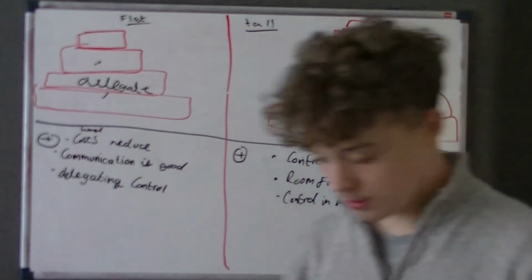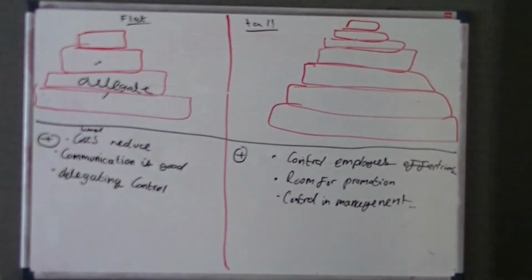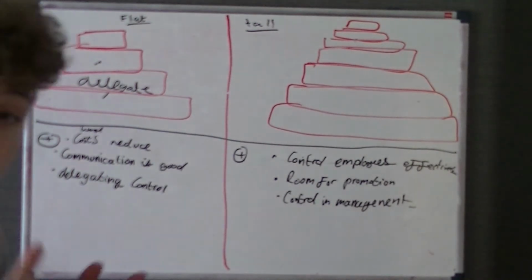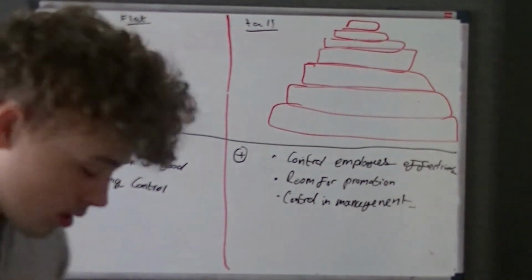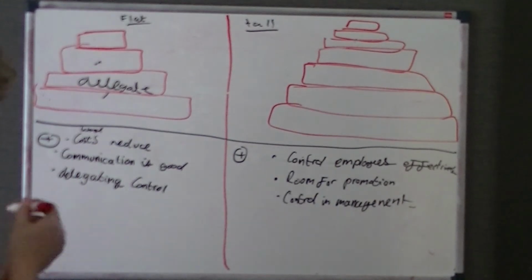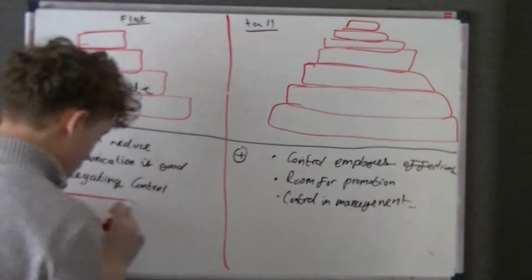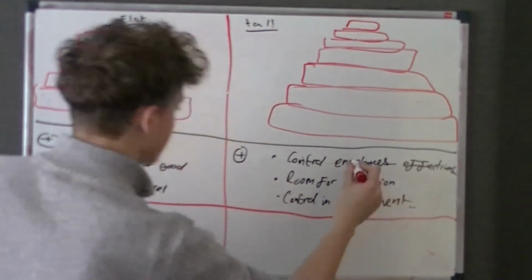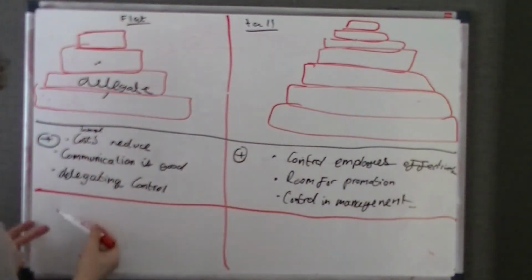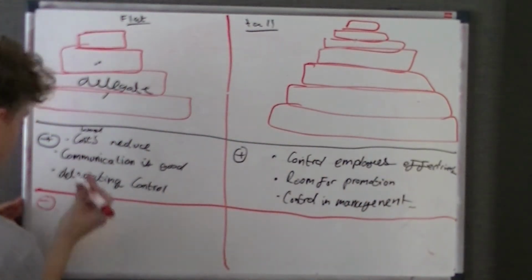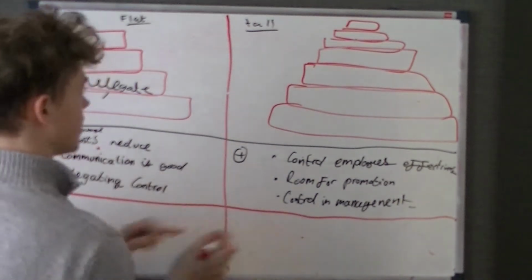Now, you may be starting to think, well, if one's tall and the other one's small, what we'd like is a mix of both, and that would be totally correct. But what we want to look at in this one is how we can apply these advantages to these disadvantages, and similarly these advantages to the disadvantages of the tall.